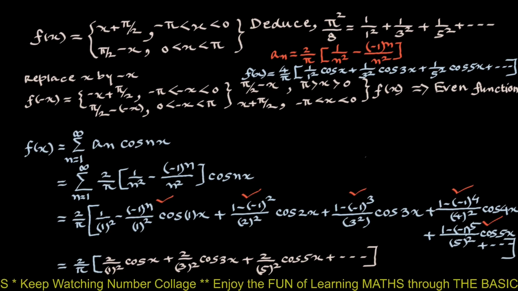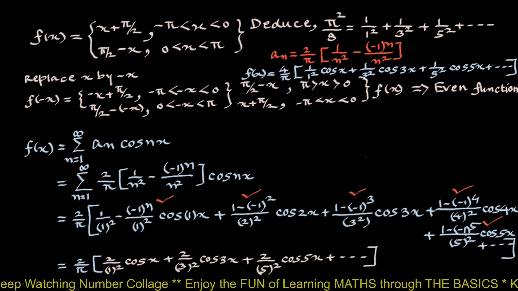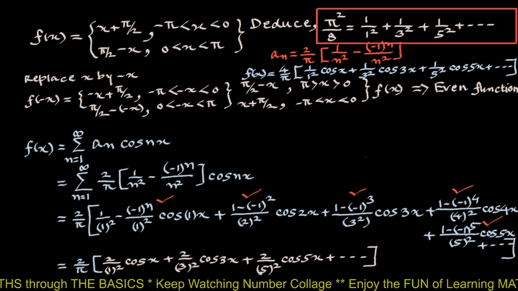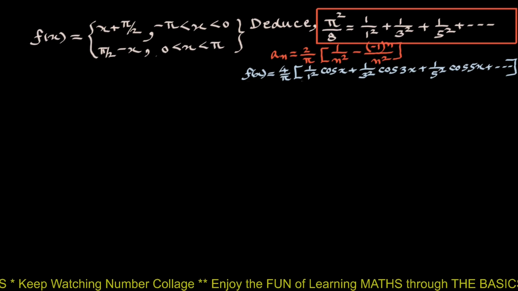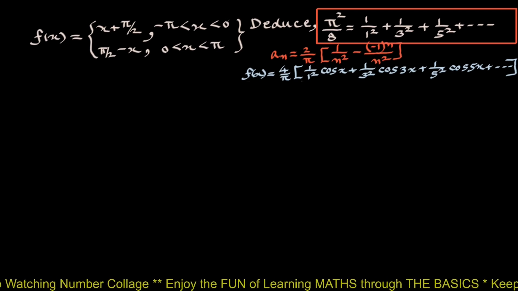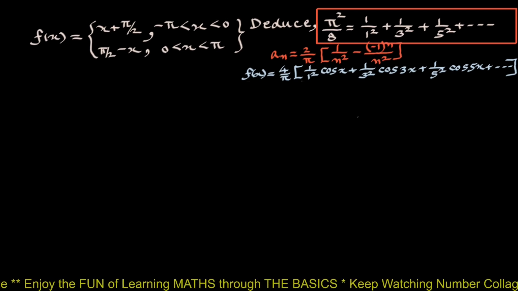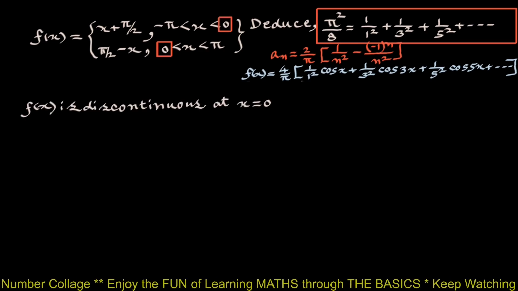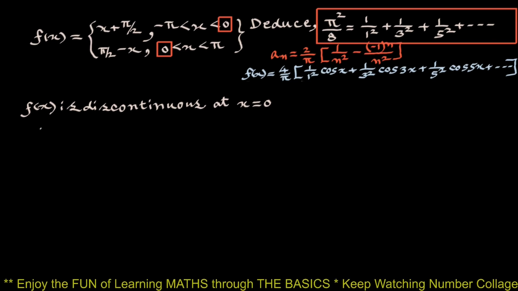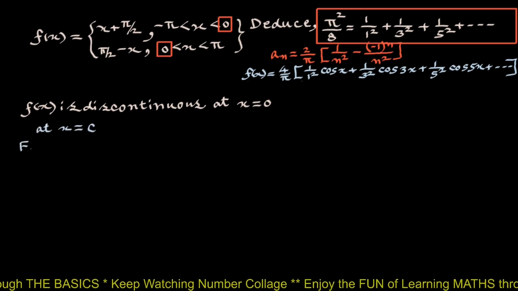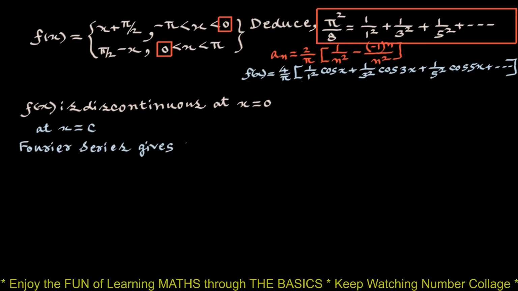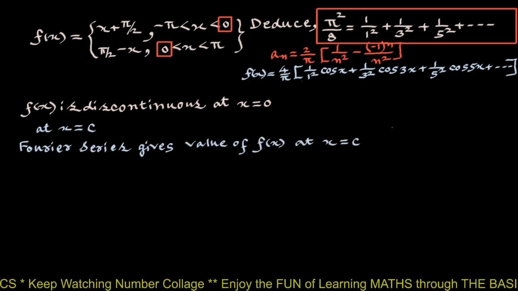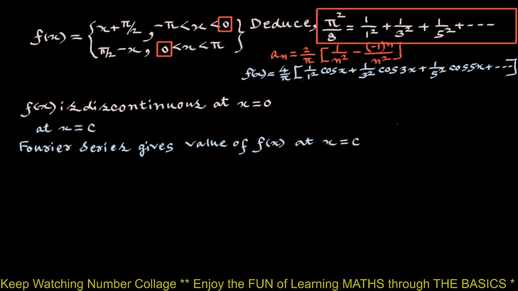Now let us see how to use this expression of f(x) to deduce the required result. Let us wipe this. From the definition of f of x, it is clear that f(x) is discontinuous at x equals 0. Here, at a point of discontinuity, say at x equals c, the Fourier series gives the value of f(x) at x equals c as the arithmetic mean of the left hand limit and the right hand limit.